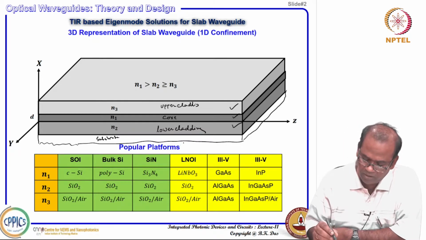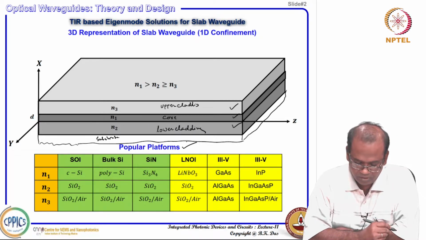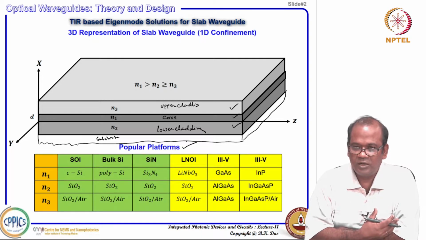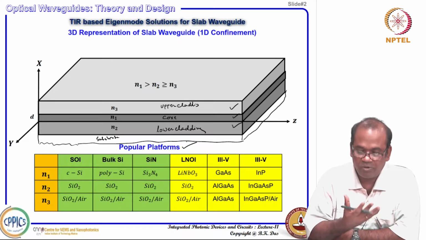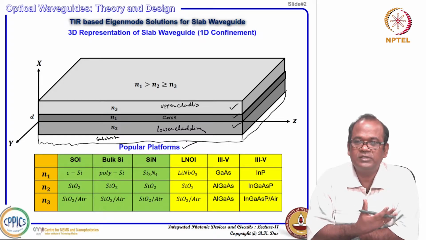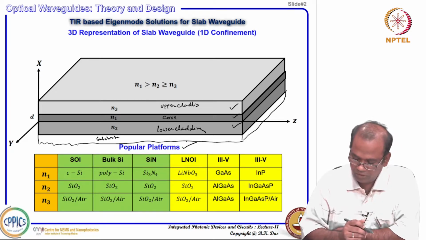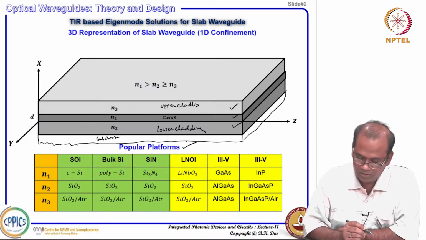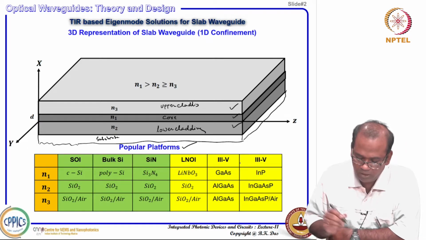So, there are popular platforms for photonic integrated circuits, and these platforms, substrate or wafer, we can buy commercially; there are manufacturers who can produce wafers for photonic integrated circuits. Those wafers useful for photonic integrated circuits are mostly a few popular platforms.